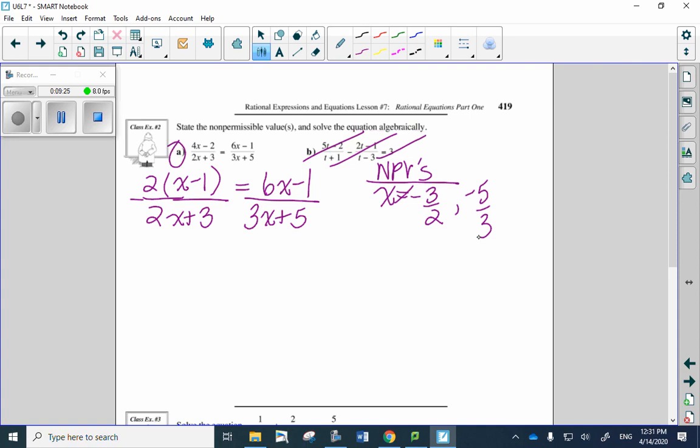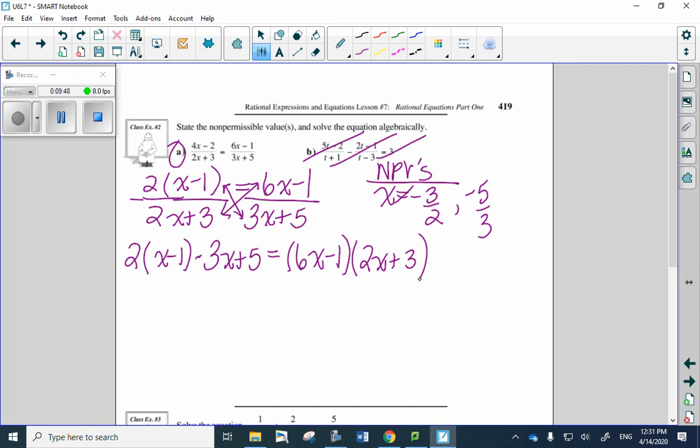All we have to do is simply cross multiply. So now when I cross multiply, I'm going to have 2 times x minus 1 times 3x plus 5 equals 6x minus 1 times 2x plus 3.